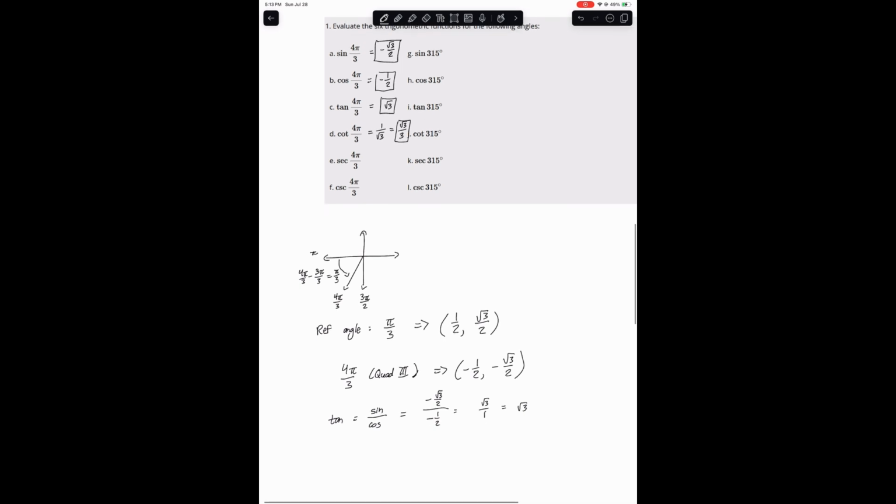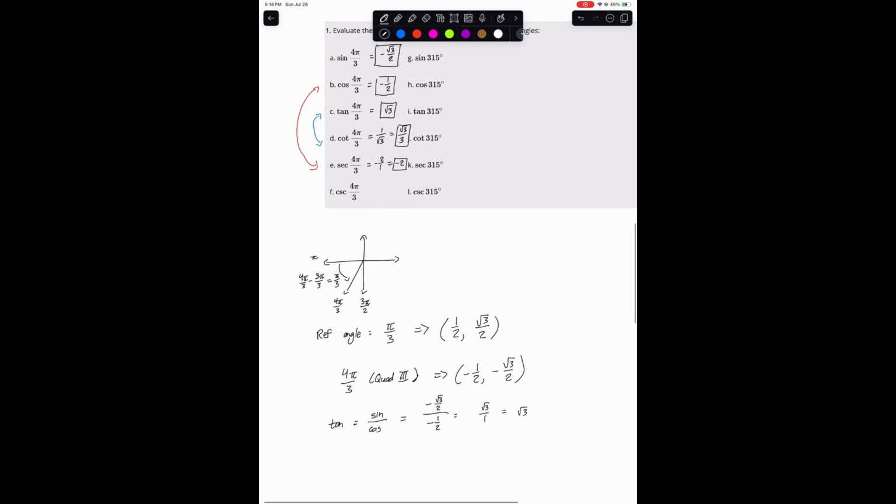For secant, right? Secant is the opposite of cosine. So let me draw some arrows to correlate. So these two are the opposite. It's kind of weird because secant doesn't have the co in front of it, but that's just how it works. So you flip -1/2, just the numerator and the denominator, you get -2 over 1, which is -2.